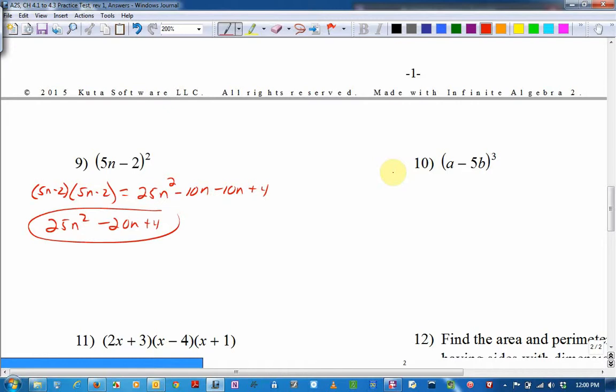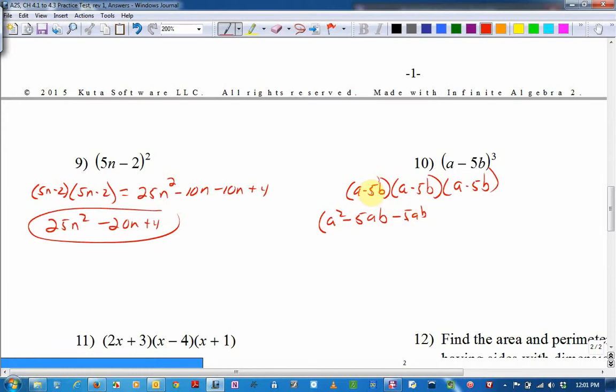The next one is a cube, so let's go ahead and do it. That's going to be a minus 5b times a minus 5b times a minus 5b. Now we're going to multiply the first two terms together first. That would be a times a, that's a squared, minus 5ab, and now let's move that one times that one, would be another minus 5ab.